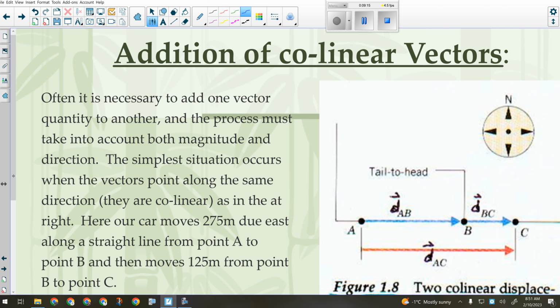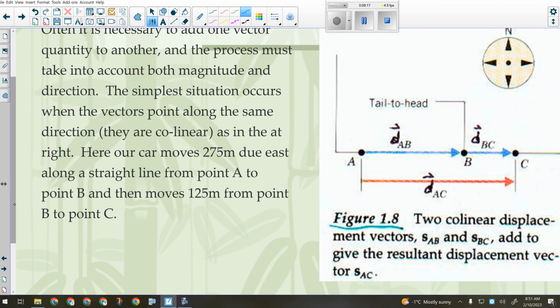So if I was told that I had two vectors, one that was 275 meters due east, that's how I would draw it, and we put the magnitude underneath it. And then the other one is 125 meters due east.